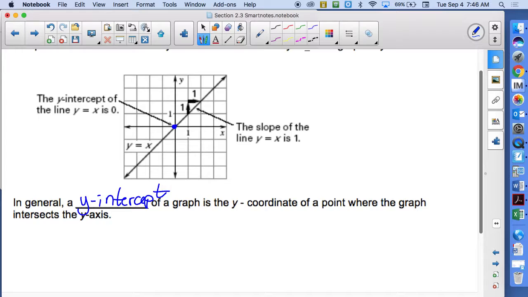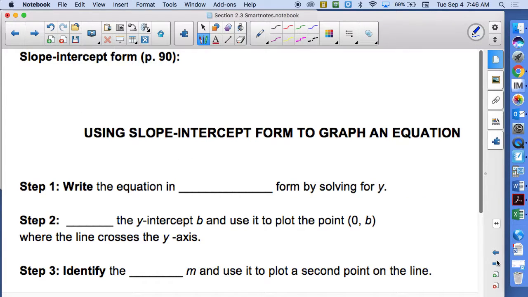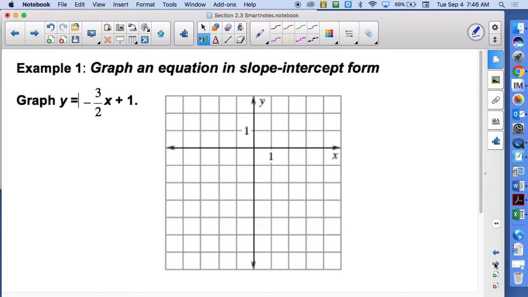So underneath, there's a couple of little reminders about how to graph when you have this parent function, this linear function family of functions.